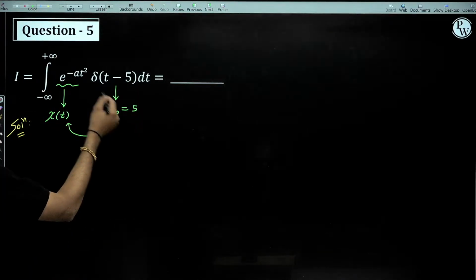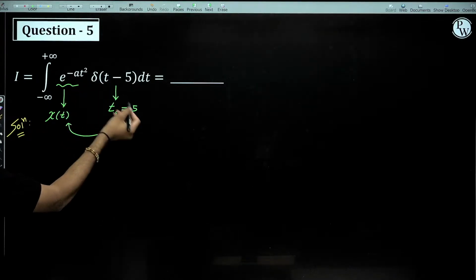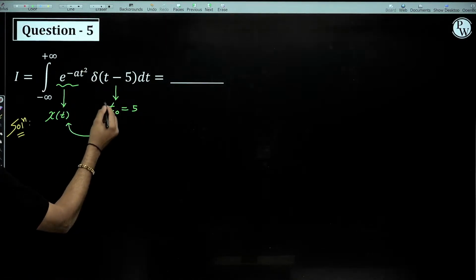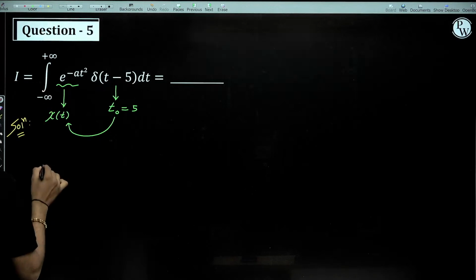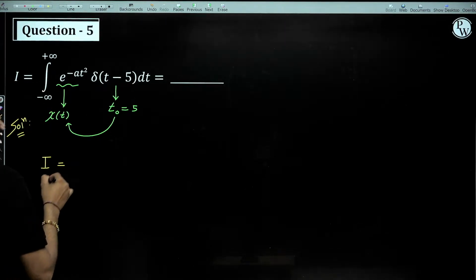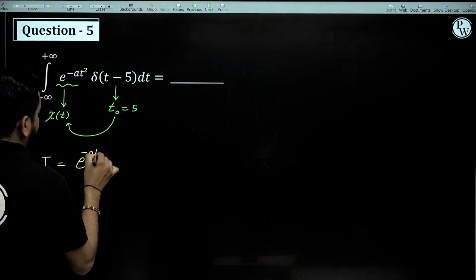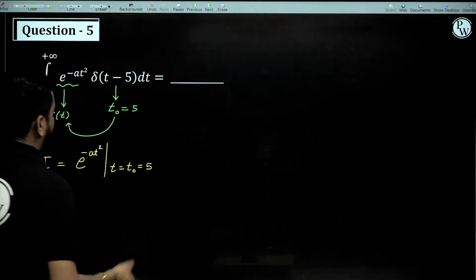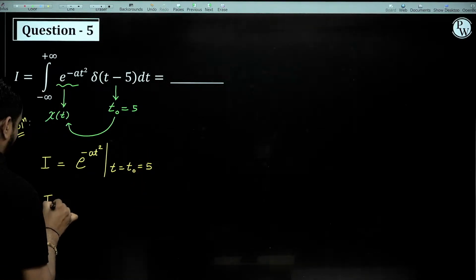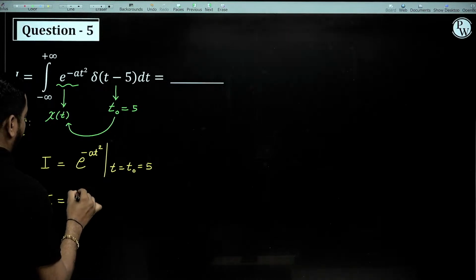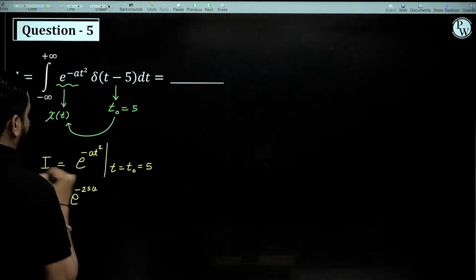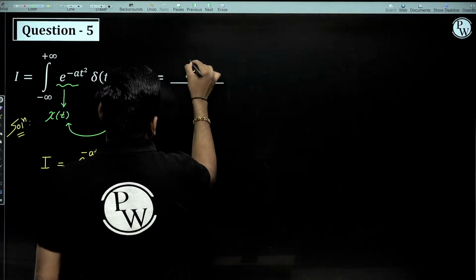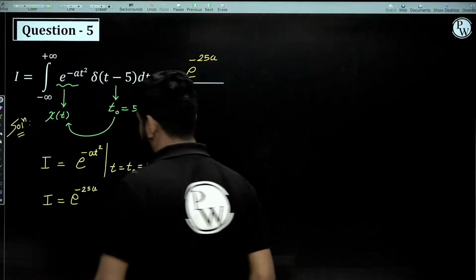So t naught equals 5, and just replace t in x of t with 5. So the integral I is equal to e to the power minus a t square with t equal to t naught, and t naught equals 5. So the integral will be e to the power minus 25a. So the answer is e to the power minus 25a.